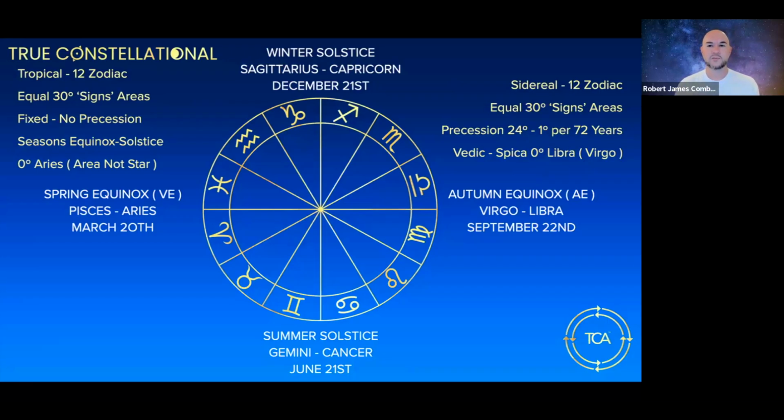So all of a sudden I started to see this pattern that the areas and the signs are different, and then the calibrations of 0 degrees are different, and even the star that we're using as 0 degrees Libra is not Libra at all, but Virgo. So when I started to look at all of this, I'm starting to wonder, well, what is right here? Because everything doesn't seem to add up.